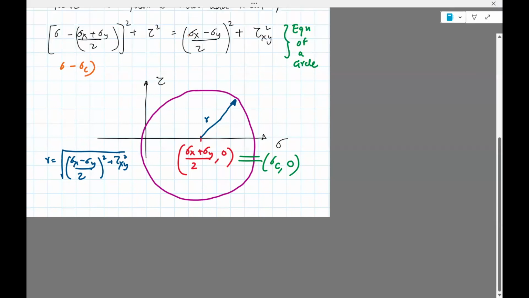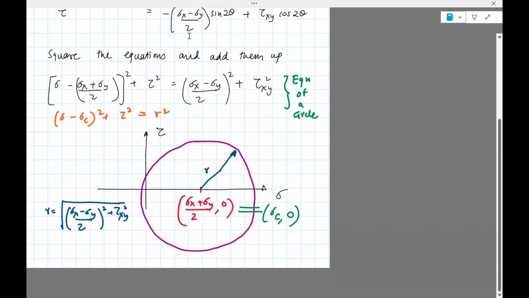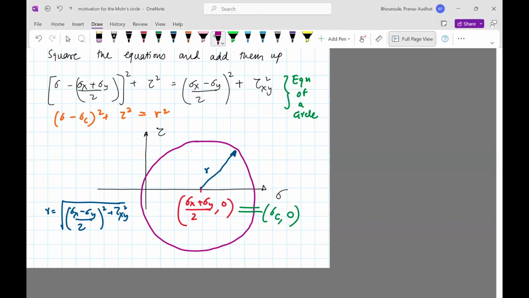And then we have (sigma minus sigma c) squared plus tau squared equals r squared. So that is the equation of a circle, and that's where Mohr's circle comes from. As you rotate the rectangular piece from that beam that I talked about, you will see that the stresses, sigma and tau, lie on a circle. This circle is called Mohr's circle.